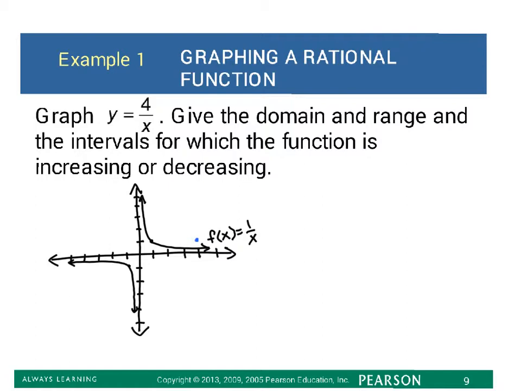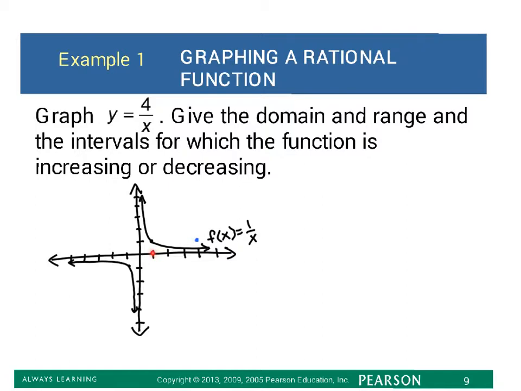So when you plug in 4 for your x, you get 4 over 4, which is 1. So y value 1, x value 4. Kind of the same thing goes with the other value for y when your x value is 1.